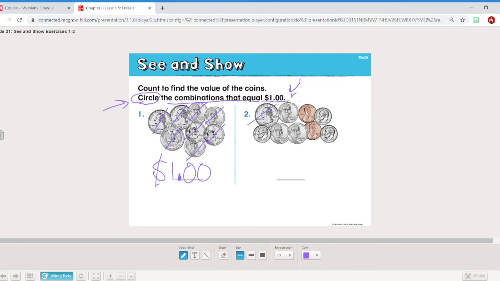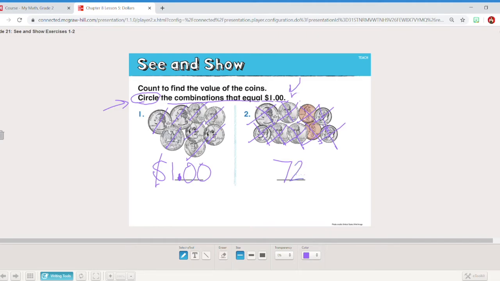All right, now let's look at number 2. Number 2, we have a quarter, so 25, 35, 45, 55, 60, 65, 70, 71, 72. 72 cents.